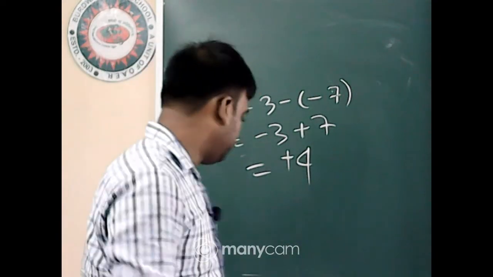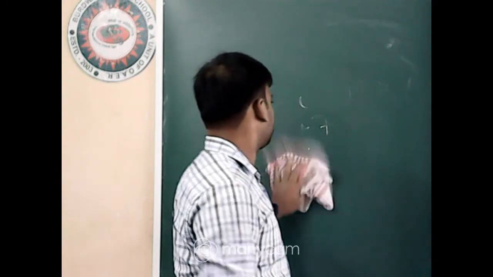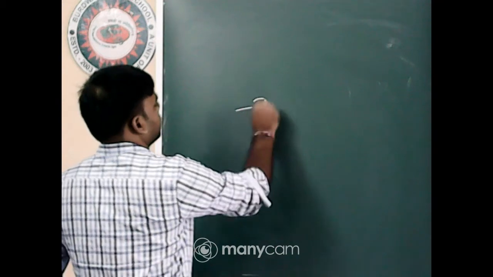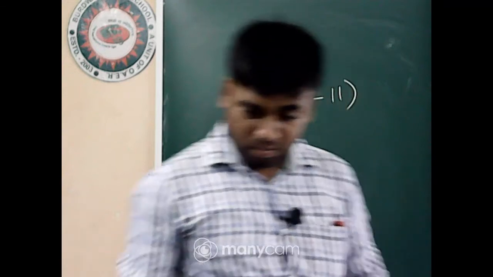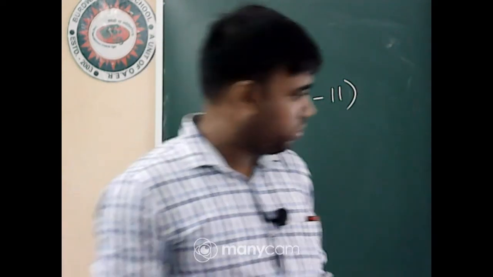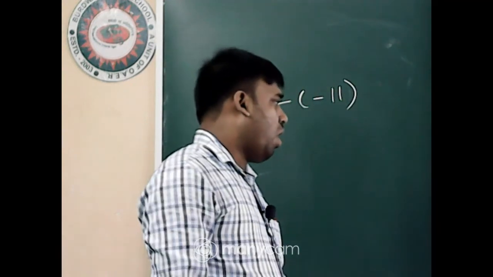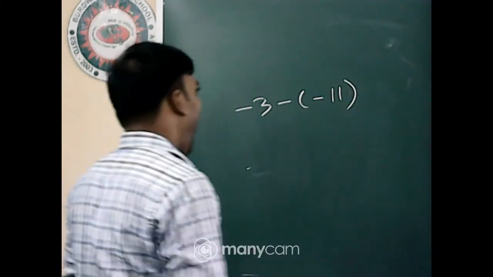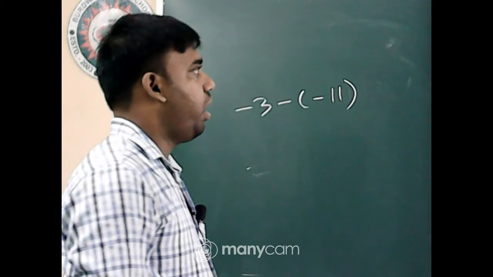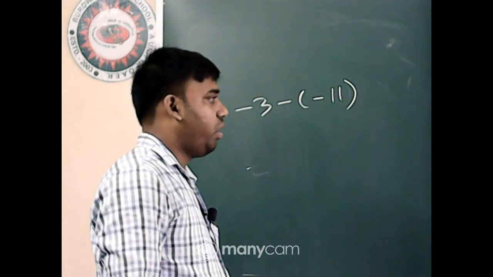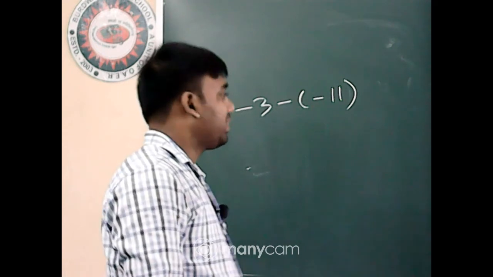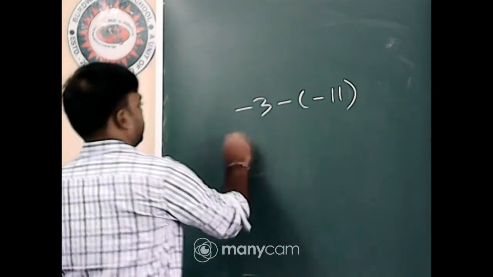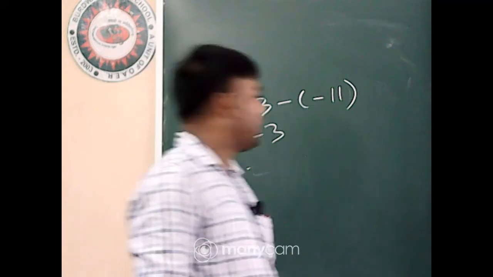Okay, next sum. -3 minus of -11. Not -8, that is -3 minus of -11.